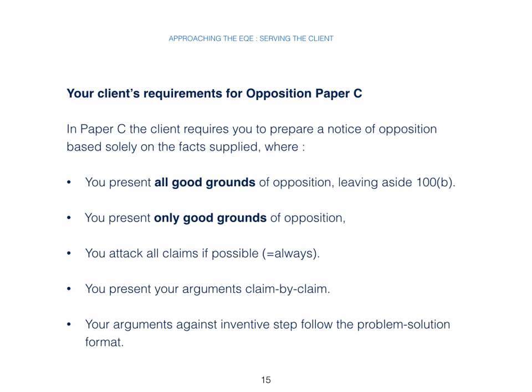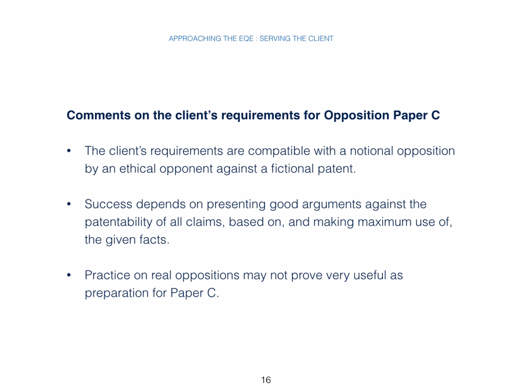Do these requirements now call for any comments? The client's requirements for paper C are compatible with a notional opposition by an ethical opponent against a fictional patent, which means that the client's requirements have got little or nothing to do with real-life oppositions.